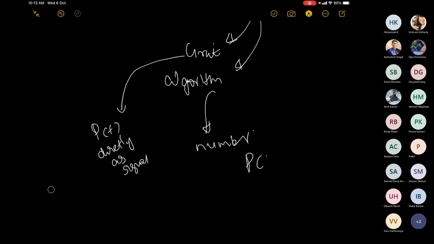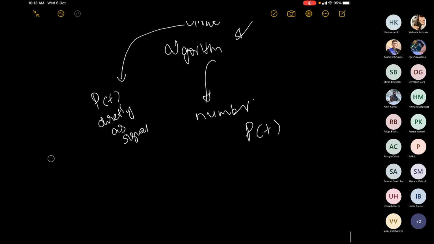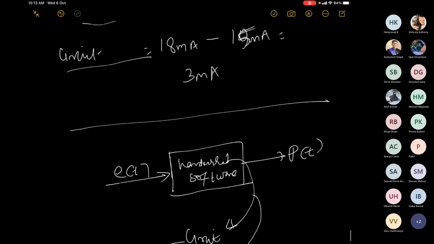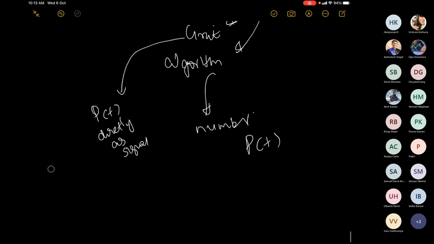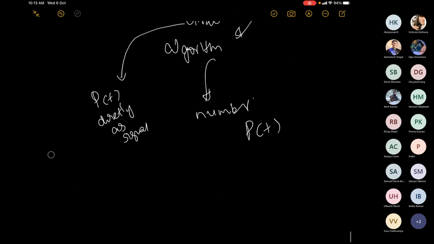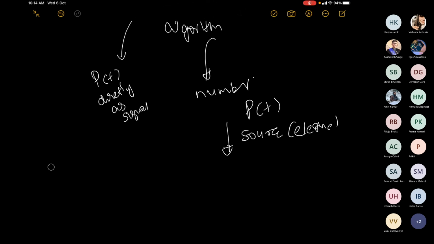The algorithm would give you an output: what is the value of P of t? That is not good enough, right? The algorithm is just a soft number. So physically, as I told you last time also, you need to have a source attached to the algorithm. Source means electric source. So this P of t is a query.